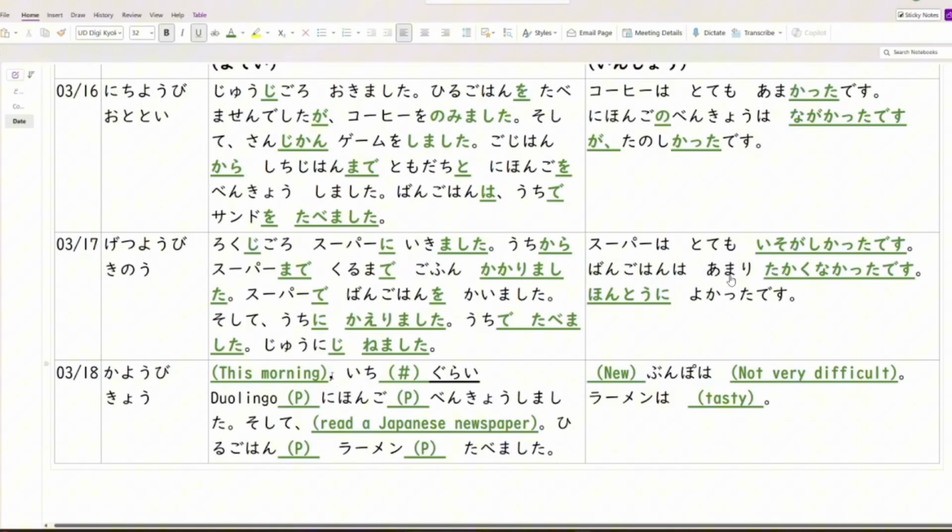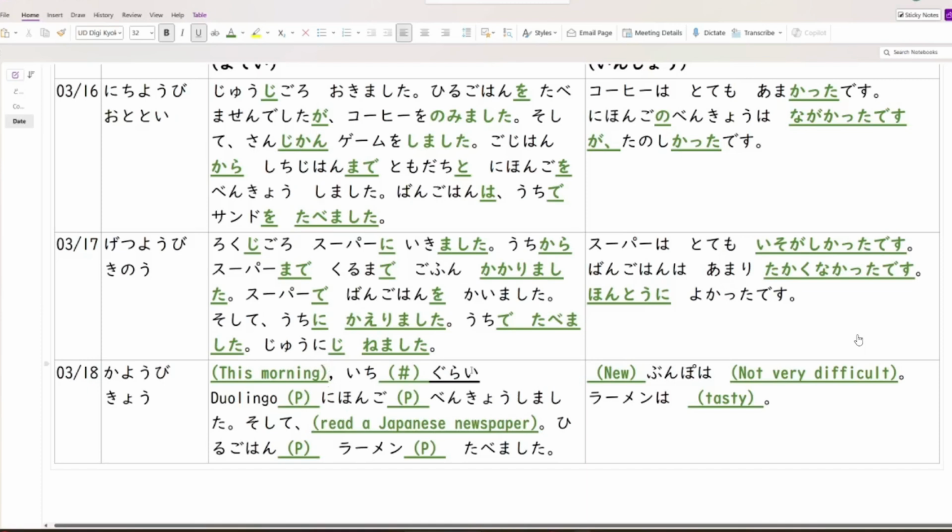I've seen it used less commonly as part of a sentence. I'm sure you've heard it a lot, especially like when someone doesn't die in an anime: hontōni yokatta. Yeah, I have heard that. Definitely. はい。Okay, 次.